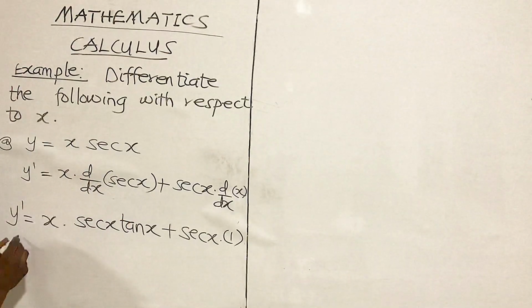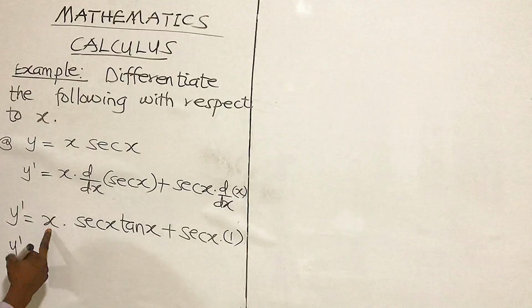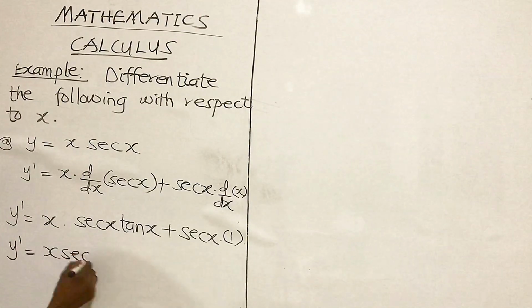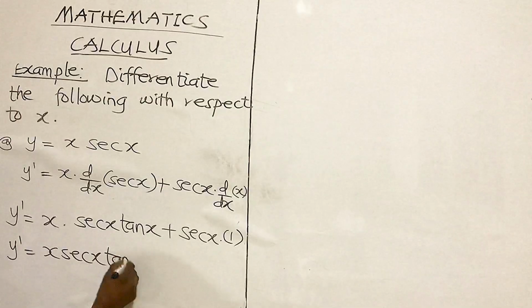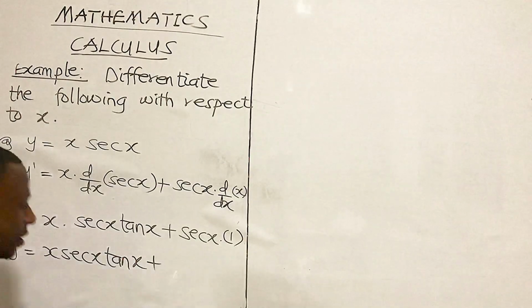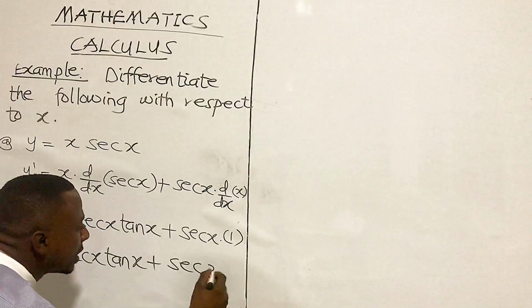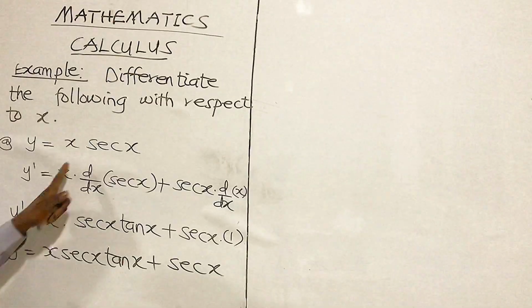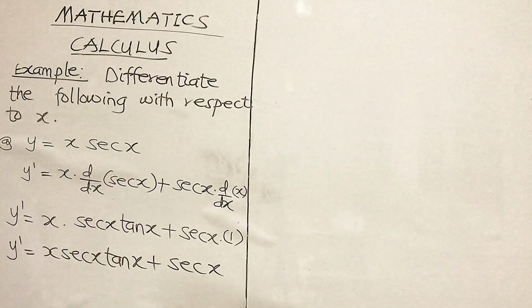So now we have y prime equal to x sec x tan x plus sec x times 1, which is the same sec x. So this will be the final answer for this particular question.